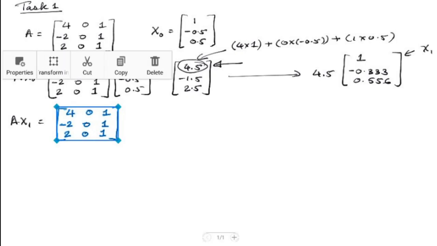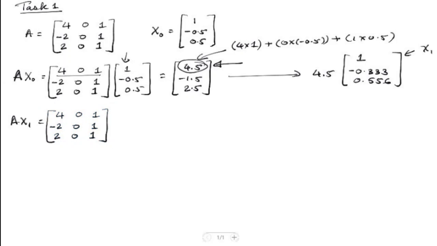So we have A here times x1, that is 1, minus 0.333, 0.556 here, and that will give us 4.556, minus 1.444 and 2.556.